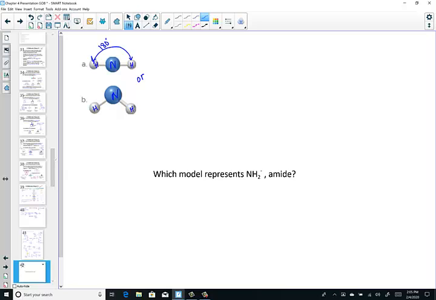What would be correct? Well, remember, nitrogen lives in group 5A, so 5 valence electrons. Hydrogen lives in group 1A, and there's 2 of them in that formula. And there's a -1 charge, meaning we get an extra electron when we build. So 5, 6, 7, there's 8 electrons to build our molecule with.